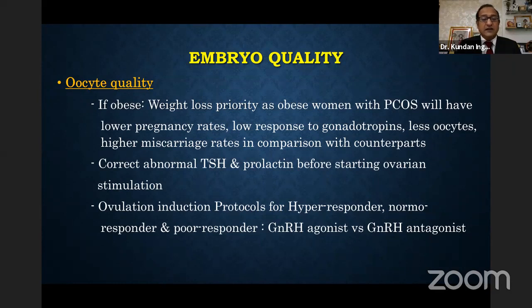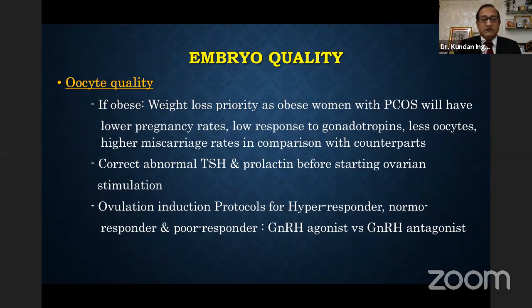Obesity reduces the pregnancy rate. It also reduces the response of ovarian tissue to the gonadotropins. We get fewer oocytes in these patients. We have higher miscarriage rates in comparison with thin patients.